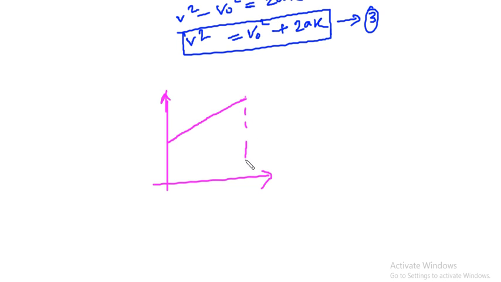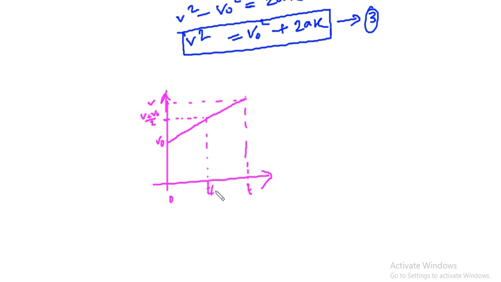This is time t, this is 0, this is V0, and this is V. Now the velocity in the middle of these V0 and V is, what is it? It is (V plus V0) by 2, and it will fall in the middle of this time 0 and t.